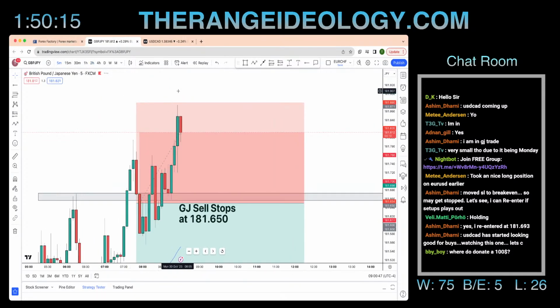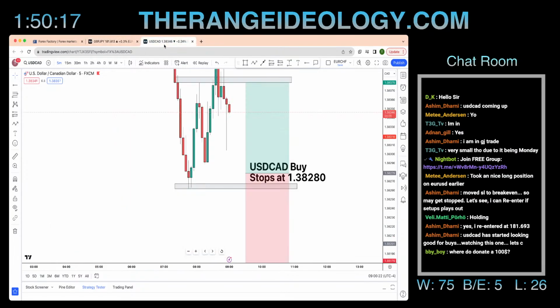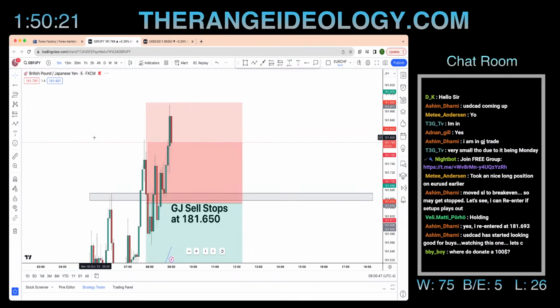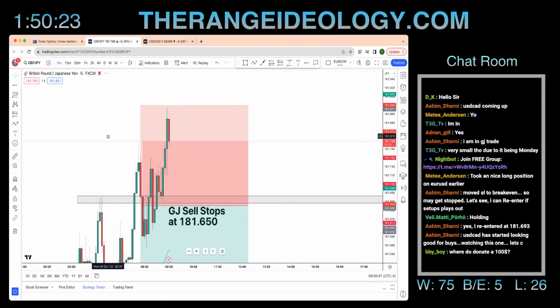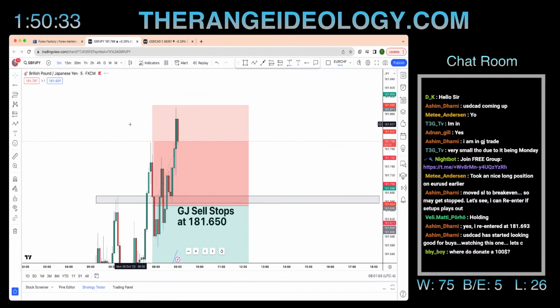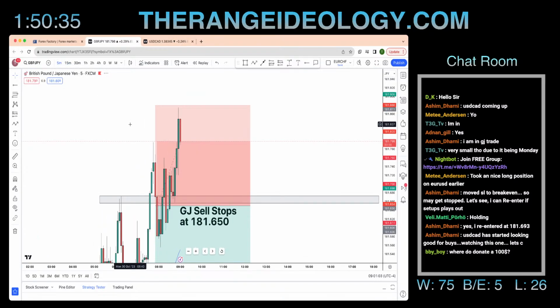All right, no top wick, guys, and GJ's close out like that. It does not look convincing here, but wow, if this survives, guys. Oh wow.